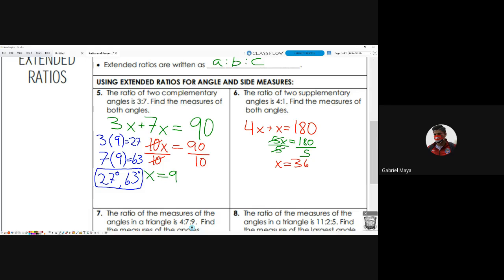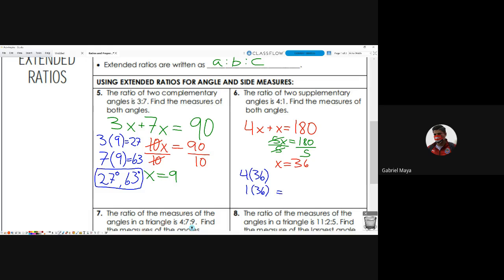We can put that 36 into the 4x and x. So 4 times 36, and then 1 times 36.